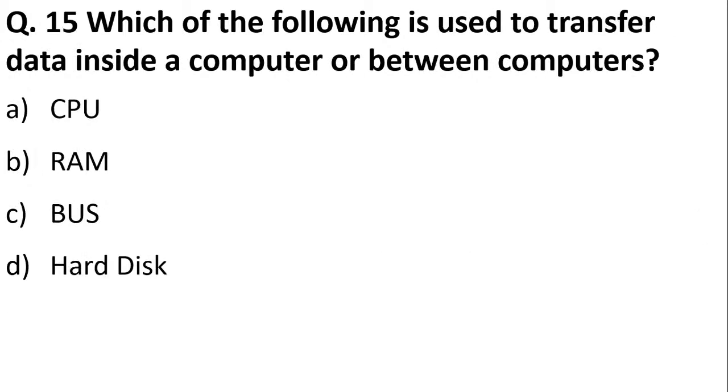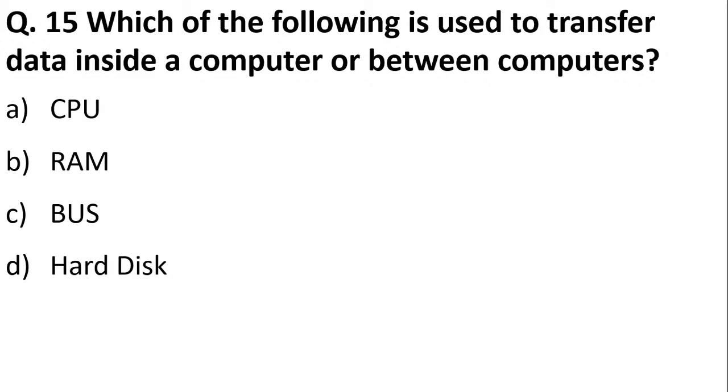Which of the following is used to transfer data inside a computer or between computers? This question we have already seen, we have already discussed the answer in another question of today's section. Which of the following is used to transfer data inside a computer or between computers?